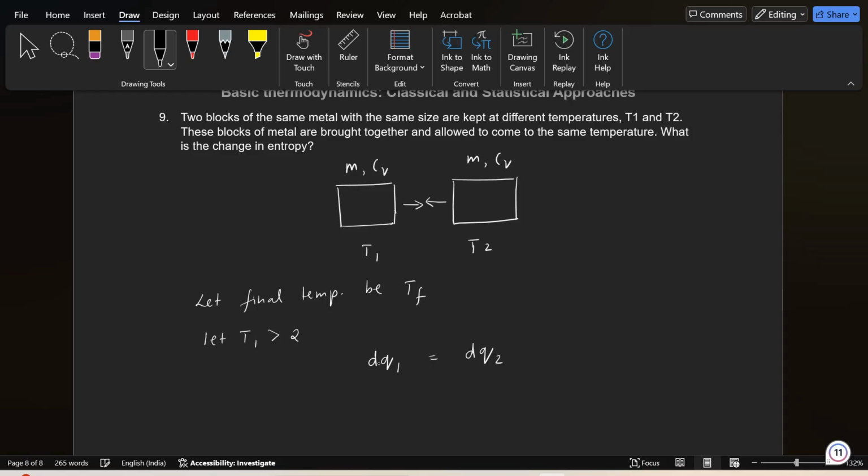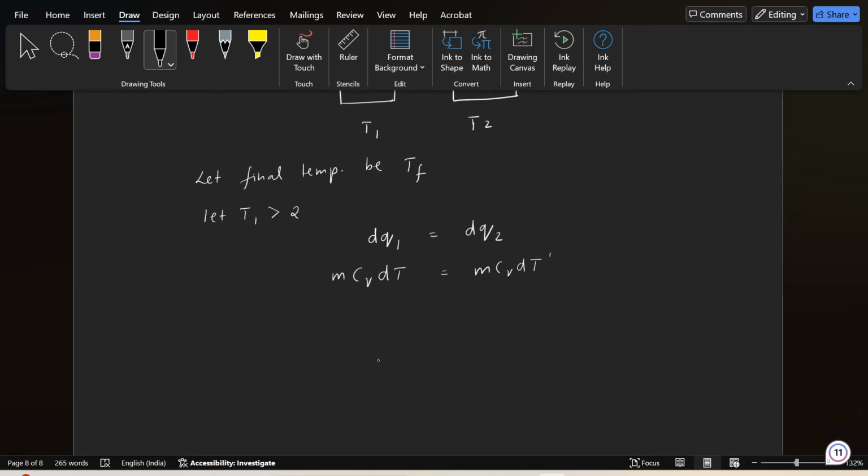So what is the formula for this? Mass into Cv into change in temperature. Similarly, mass into Cv into change in temperature for the other block, which I'll put as T dash. That is going to be equal to mass into Cv into the final temperature, Tf minus T1, and similarly mass into Cv into Tf minus T2.